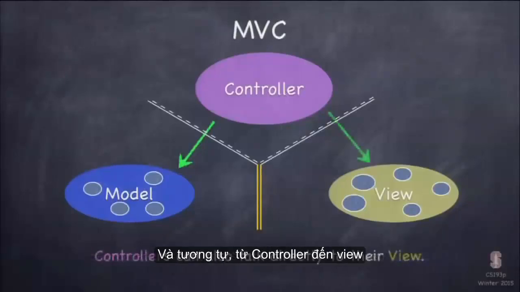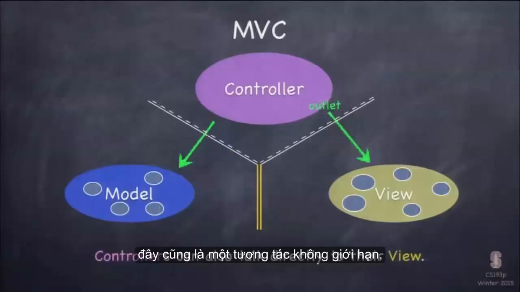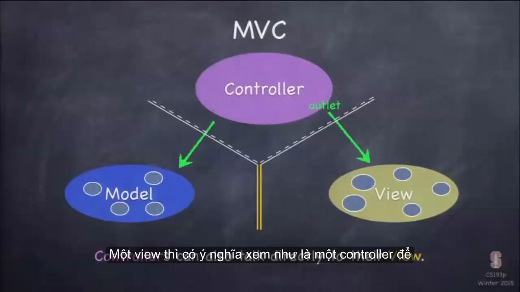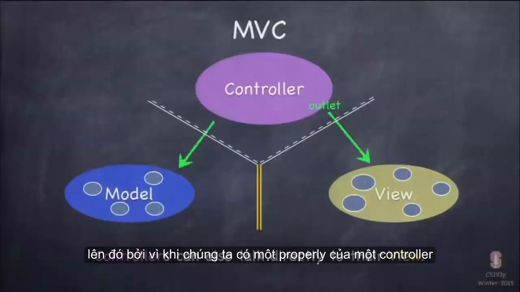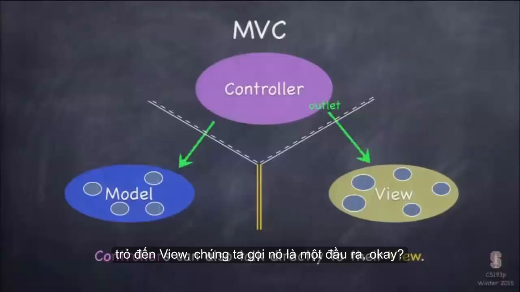And similarly, from the controller to the view is also unlimited communication because the controller is responsible for using its own minions. The view is the controller's minions to lay out the user interface and all that stuff. So the controller can do anything it wants. I've put that little green word outlet up there because when we have a property of a controller that points into the view, we call it an outlet.